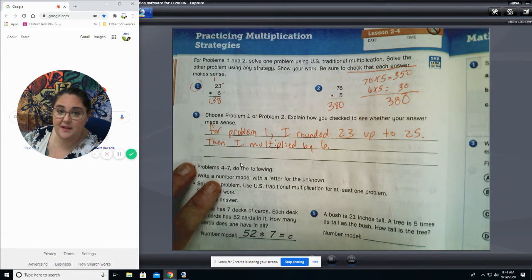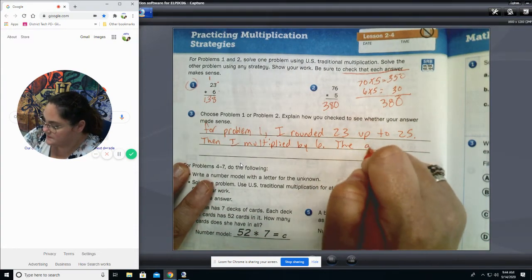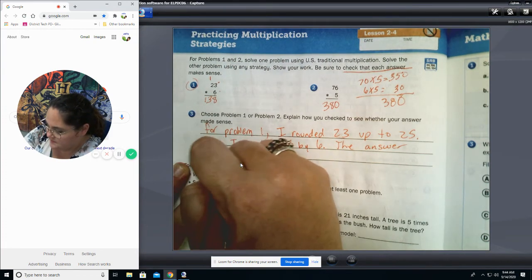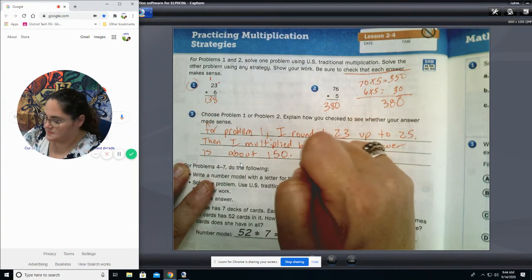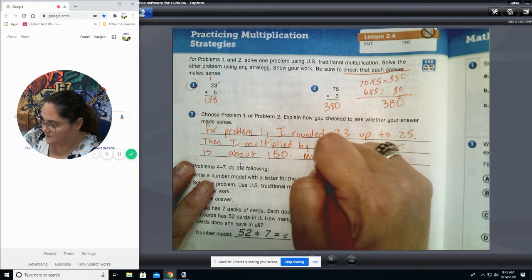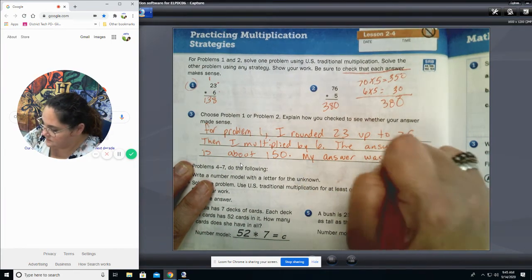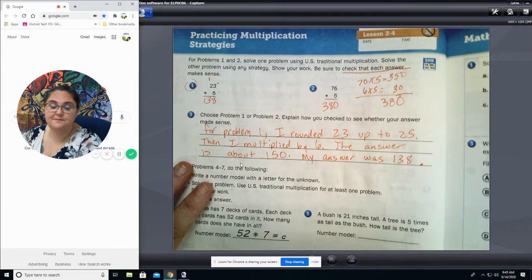Same thing here. 23 is close to 25. Times 6, it's about 150. And then my answer was 138.